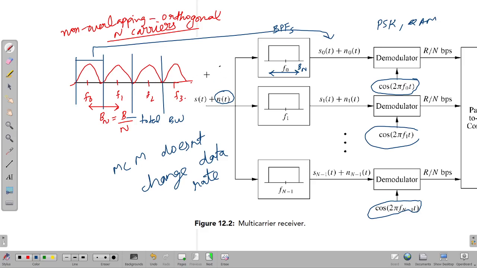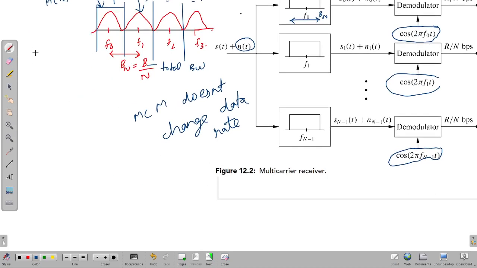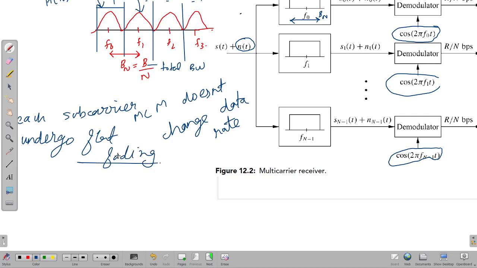This particular subcarrier gets multiplied with the frequency response H of f naught, the signal at f1 gets multiplied with H of f1, and so on.